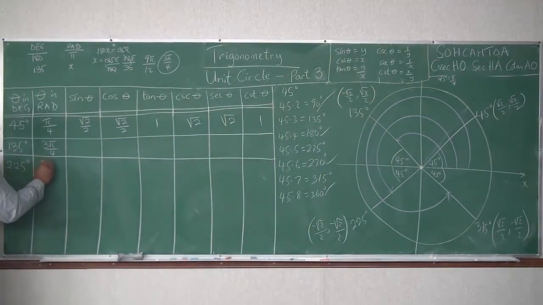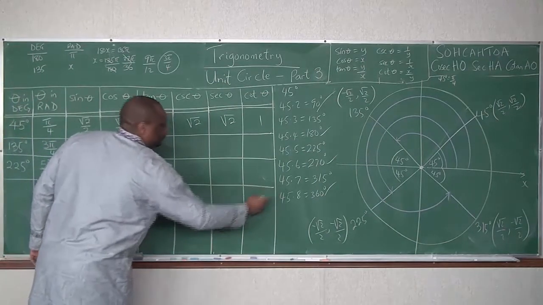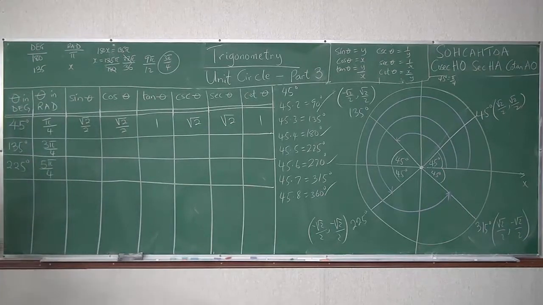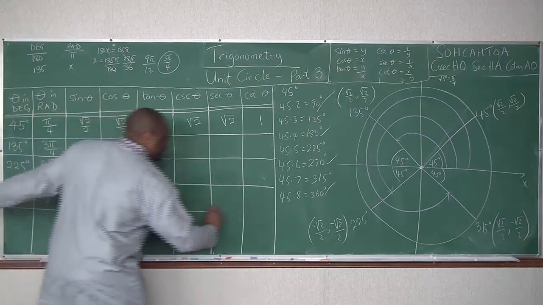Do you understand what I'm doing? That saves time. Then 315 is what? 7 pi over 4. Saves time, buddy.